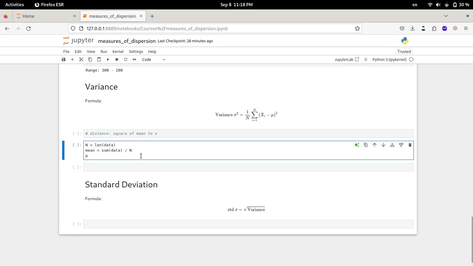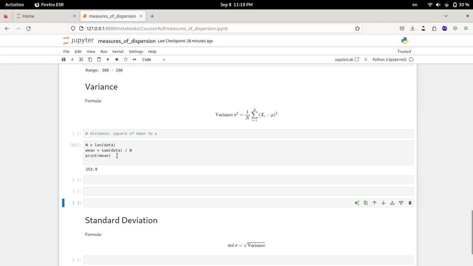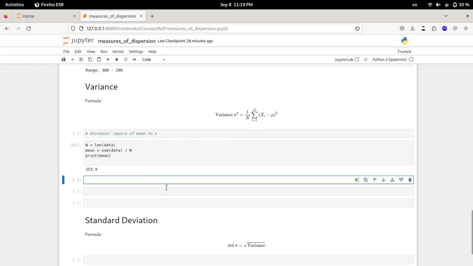Now if we want to print it, let's proceed to our next section, that is, for x in data. Then what we will do is subtract the mean from each data point, that is x minus mean.